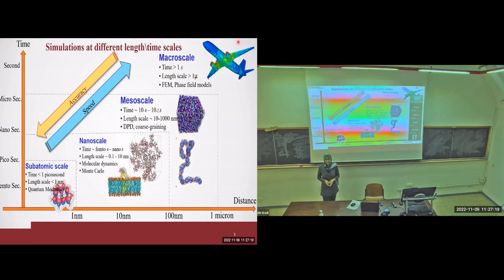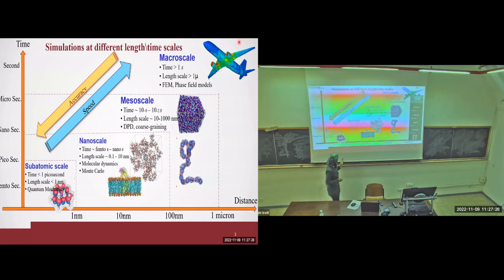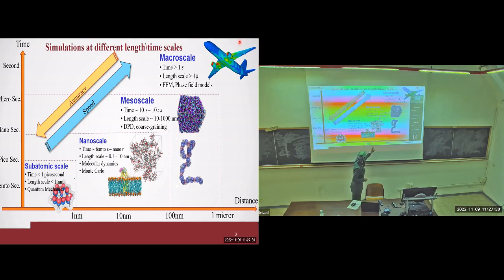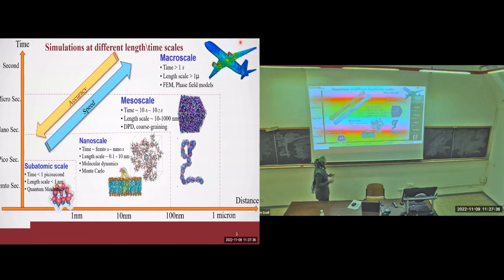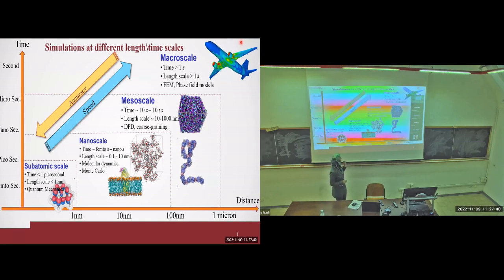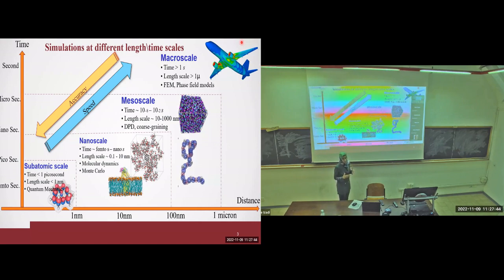It is so exact, but it can simulate only a very, very small number of atoms. Then in the range of about 1/10 of a nanometer to around 100 nanometers and less than a nanosecond, we have the nanoscale. And we have two famous simulation techniques, which are molecular dynamics that we are going to explain thoroughly, and Monte Carlo that we are going to explain a little more briefly.